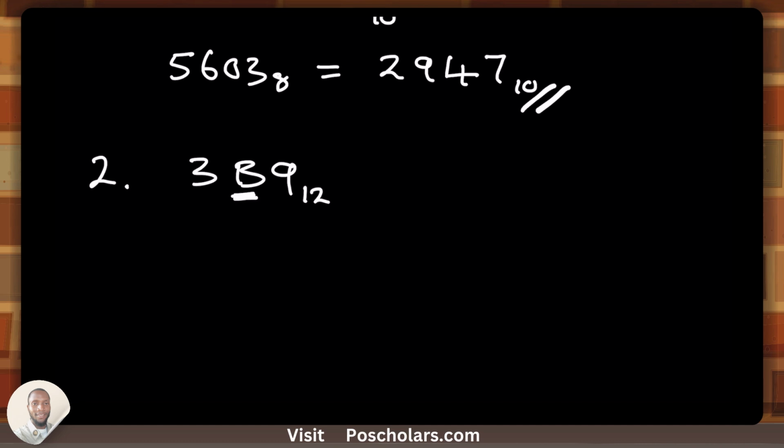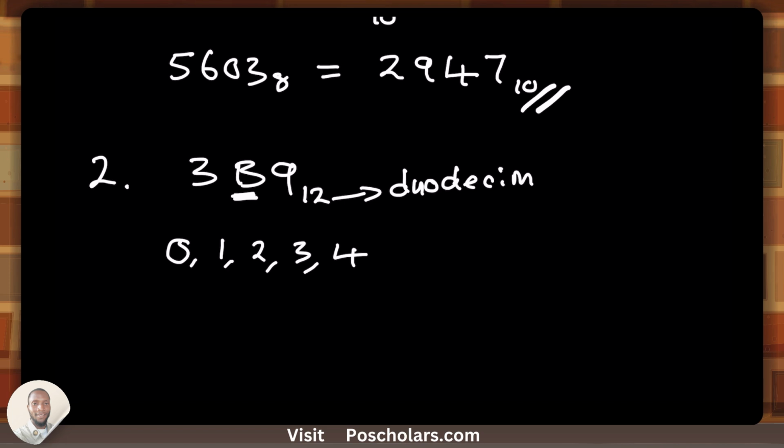What does that mean? When you are counting in duodecimal, this is how you count: 0, 1, 2, 3, 4. Take note, this base 12 means duodecimal. Now if you are counting in duodecimal, you have 0, 1, 2, 3, 4, 5, 6, 7, 8, 9.